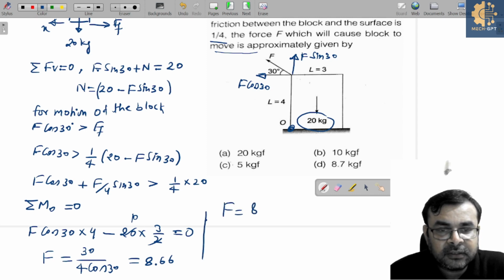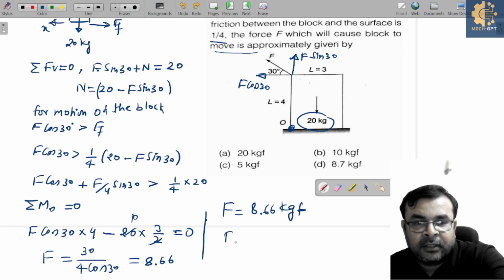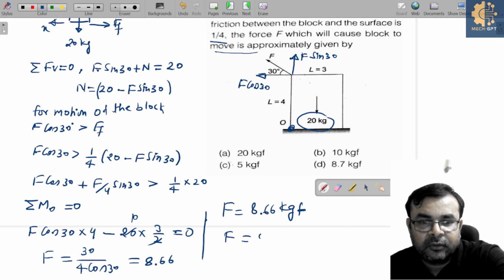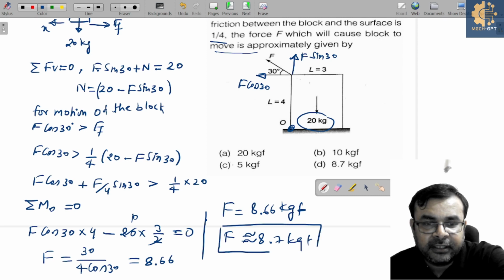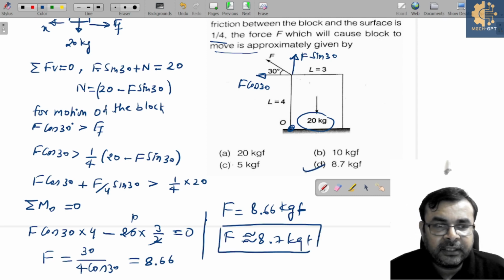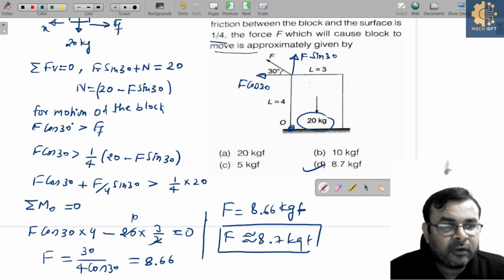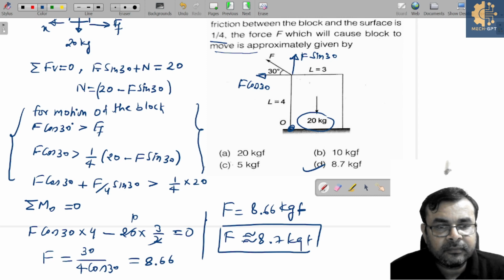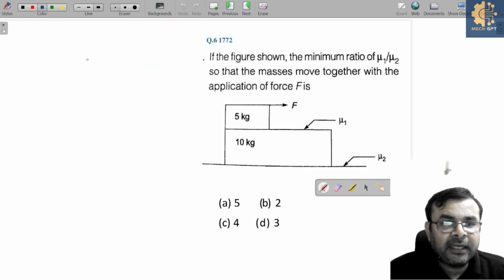F is nothing but 8.66 kgf, or simply we can say F is equal to 8.7 kgf. Yes or no? So the correct answer is option D. Even you need not write this expression. Correct? Is it clear? Directly by applying this you can get the answer. Okay, let's see another problem.